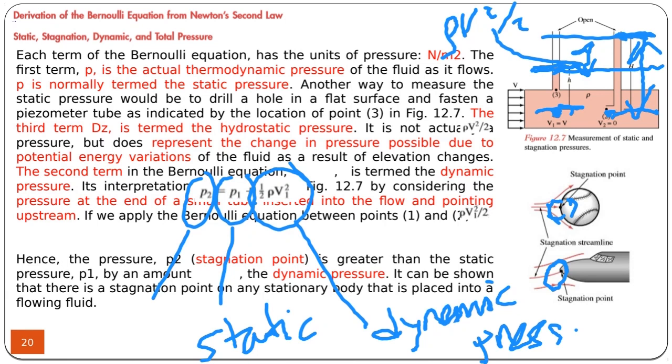Ships have the most modern systems to measure their speeds, but they also have pitometers, which rely on this principle. They measure the static pressure, they measure the total pressure, which is static plus dynamic. The difference between them is this, and once you know that, you can calculate the velocity.